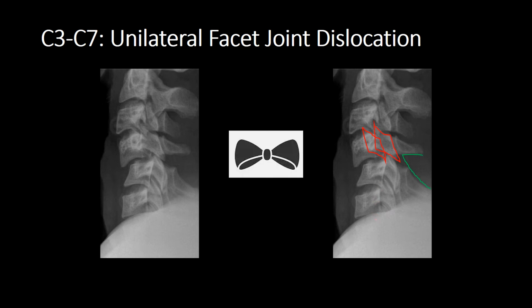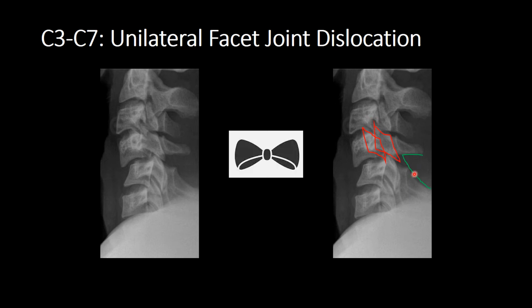We only see the outline of the vertebrae, with the vertebrae completely superimposed, a nice square vertebra. We don't have a rotated effect to it. So this indicates that this patient is actually lateral. Because one facet joint remains contiguous with the inferior facet joint, we've only got a unilateral facet joint dislocation. So we get the double diamonds or the bow tie sign.